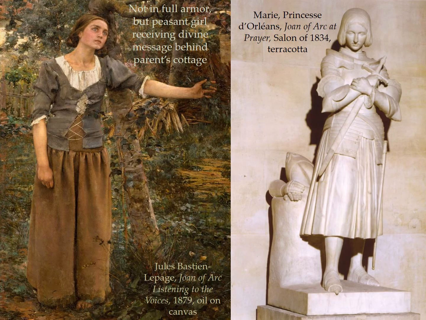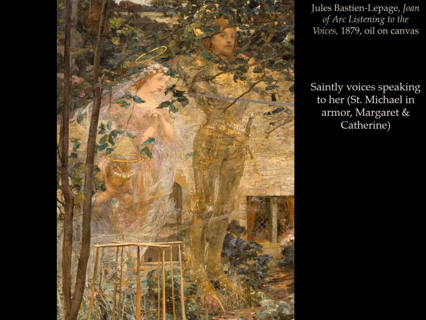Here we find that she's not in full armor, but instead shown as a peasant girl receiving a divine message behind her parents' cottage. So unlike the juste milieu approach of Marie, Princess d'Orléans, the saintly voices are actually manifesting themselves in the background. You can see them here with Saint Michael and Margaret, and Catherine even. Three of them can be seen, speaking to her.